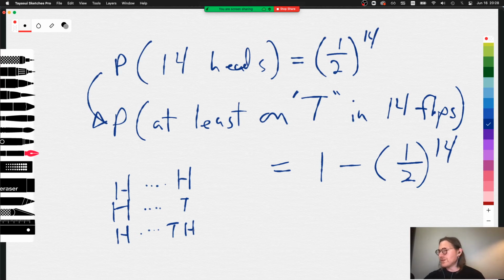So these two questions are pretty easy to answer, right? The probability of a specific instance, where there's only one way for that to occur, or the probability of all heads, or what is the probability of everything else, and that's just 1 minus that, right? Those two are pretty straightforward, but you want to be careful.